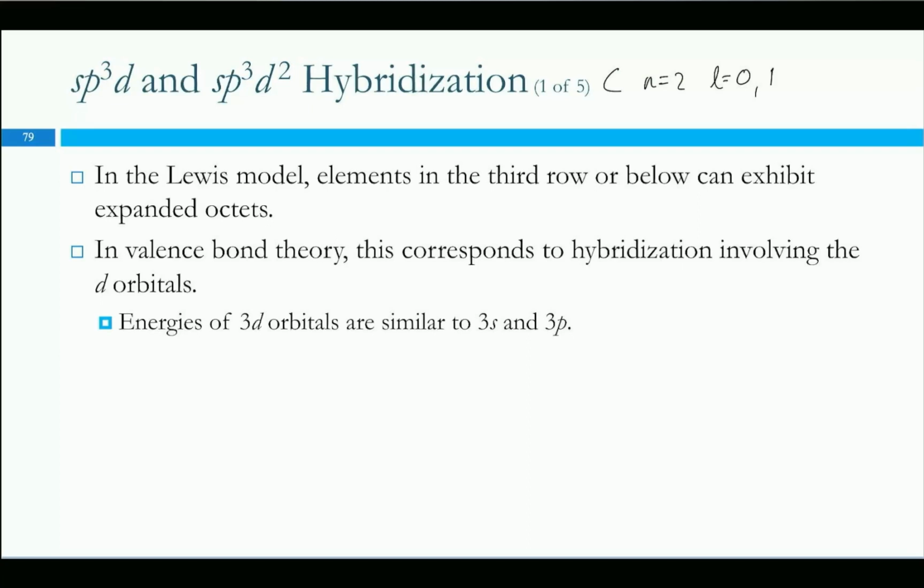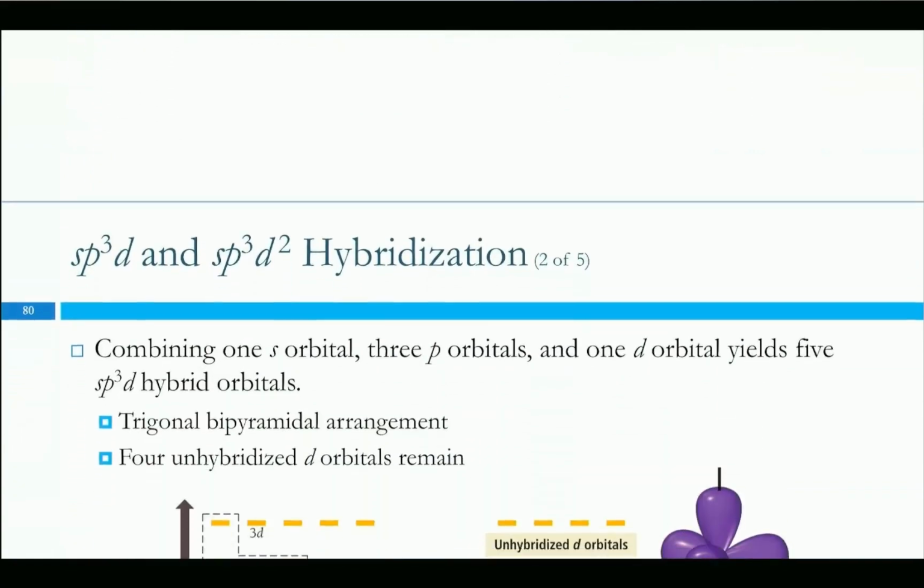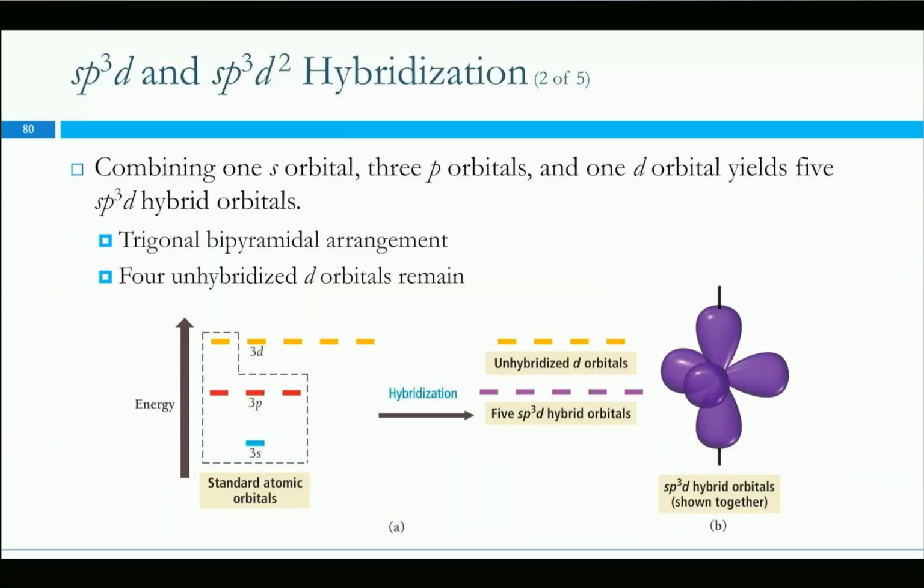It can't be 2, so there's no d orbitals. So this is going to be for row 3 and below, all those that can do expanded octets. So your trigonal bipyramidal arrangement is sp3d, because we've got 5 orbitals that all get hybridized to form bonds.